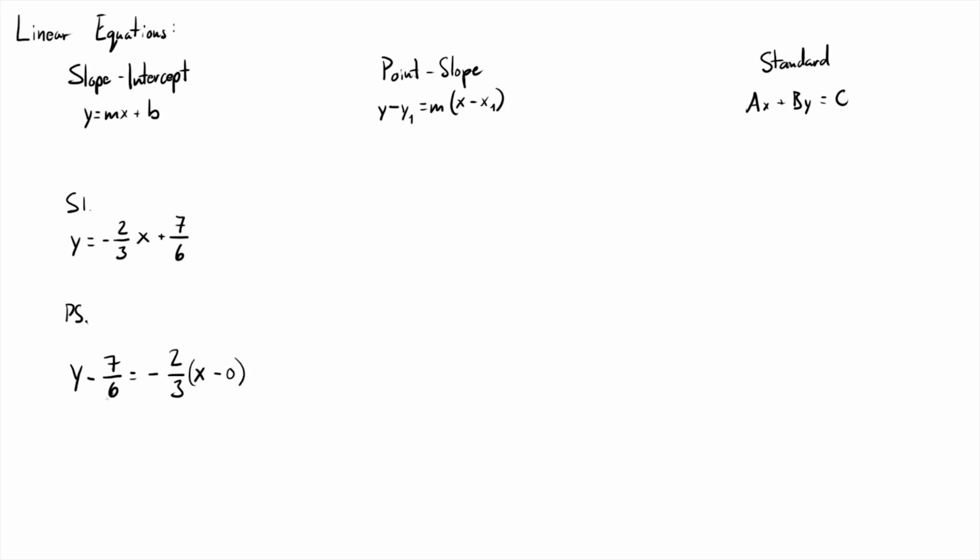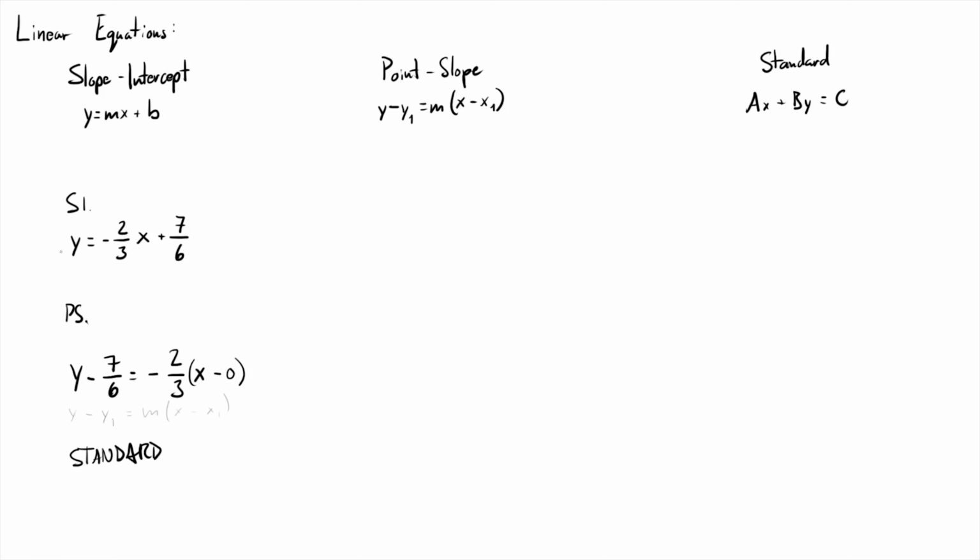And now you see it's in the form of y minus y1 equals m times x minus x1. So it does fit the form for our point-slope equation, and it's not too difficult to do. Really, all you have to do is bring over your y-intercept to the left-hand side, and you have the equation in point-slope form.